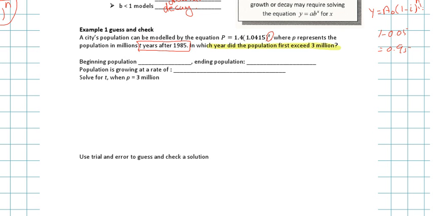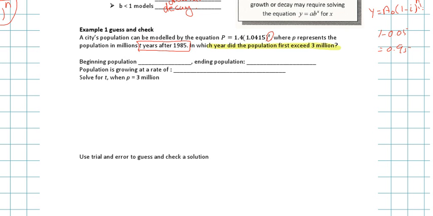In which year will the population exceed 3 million? I have to put the number in for P, and I will find T. So you're going to have to put 3 million for P, and you're solving for T. That's what the question is asking you for.